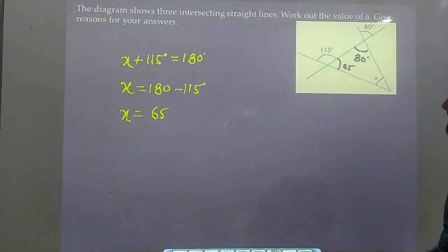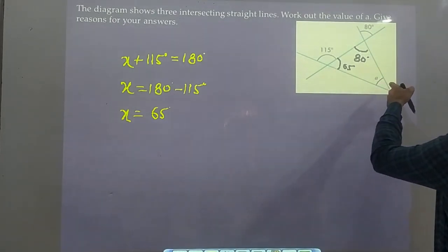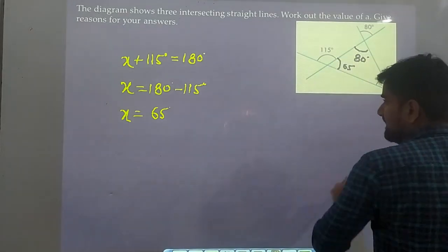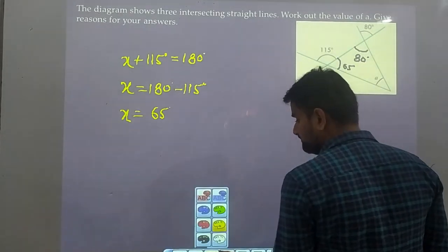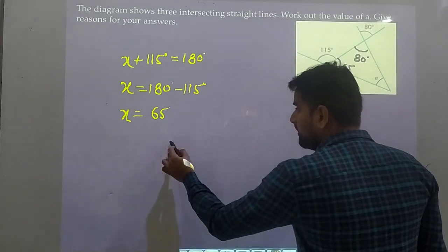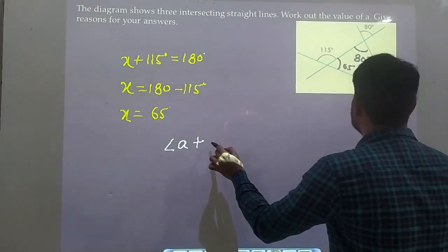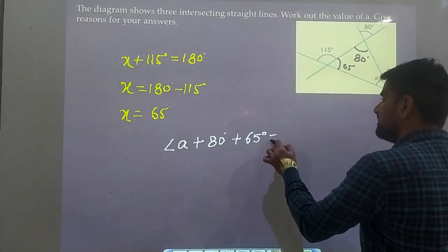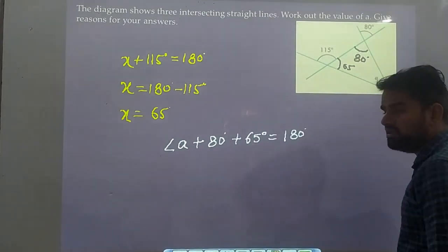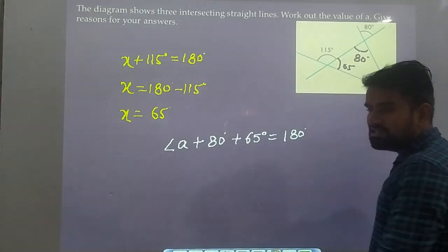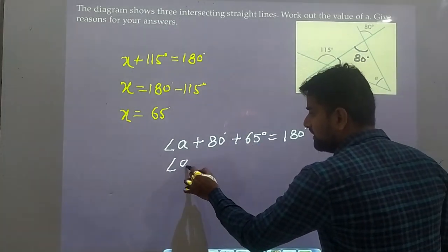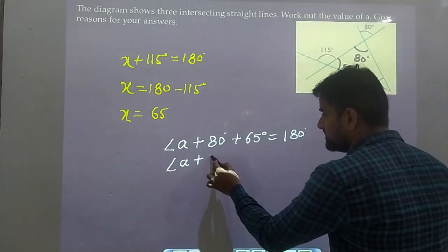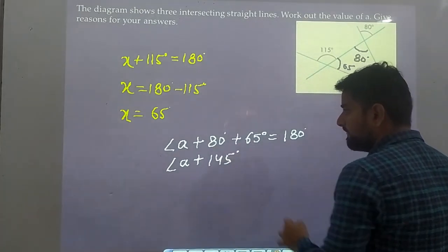Then the third angle we need to find. On this angle we need to find the value. If this angle is A, then angle A plus 80 degrees plus 65 degrees equals 180 degrees. 80 plus 65: 60 plus 80 is 140, 140 plus 5 is 145.